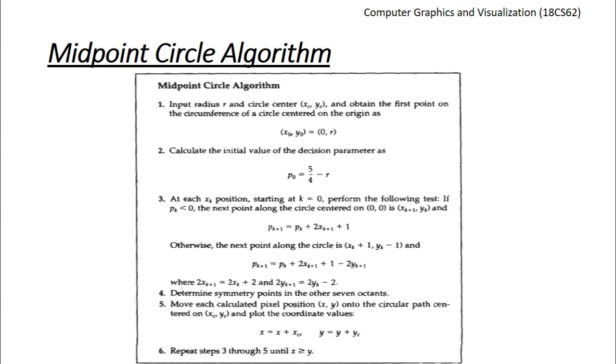What is the third step here? For each xk position starting at k equals 0, we need to perform the following test: check whether the value of the decision parameter pk is positive or negative. If pk is less than 0, that is, negative, the next point along the circle centered on 0, 0 is xk plus 1, yk.